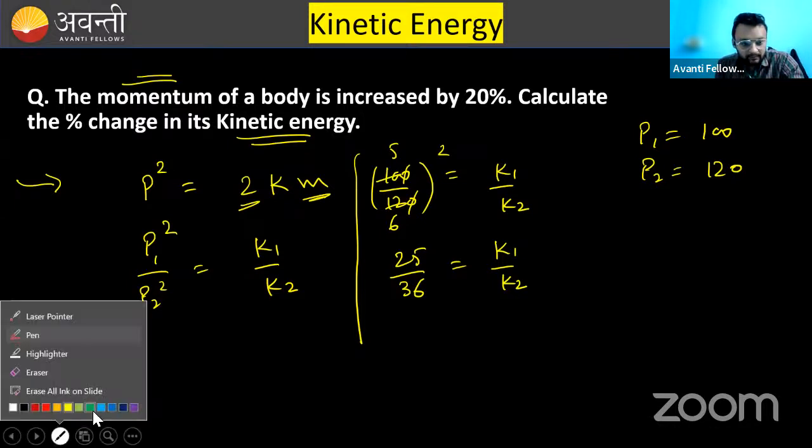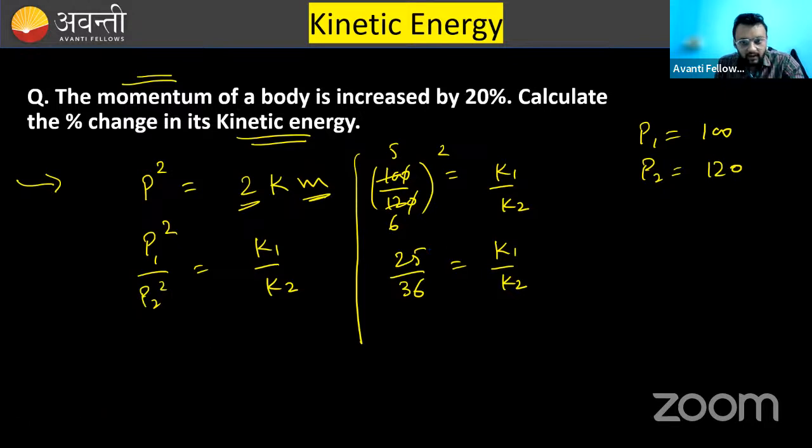Now we need to calculate the percentage change in kinetic energy. Again, the initial kinetic energy is 25. The final kinetic energy is 36. How much has it increased? It has increased from 25 to 36. Can you say that it is increased by 11? So how do you calculate the percentage? First of all, you will calculate the change. Change is 11.